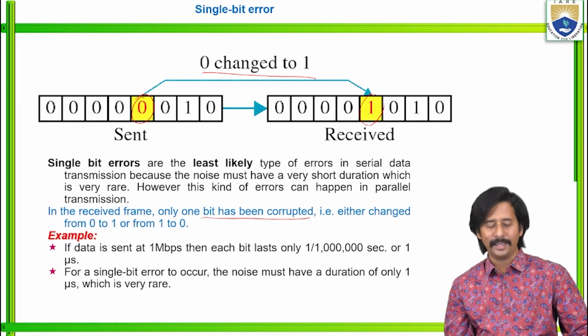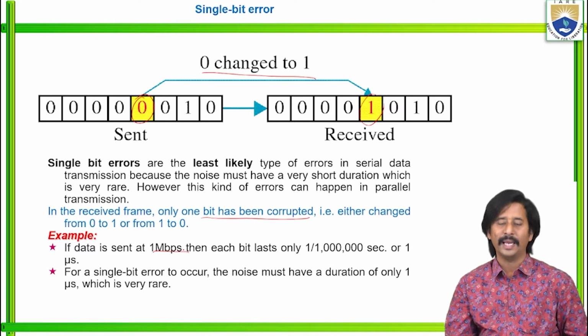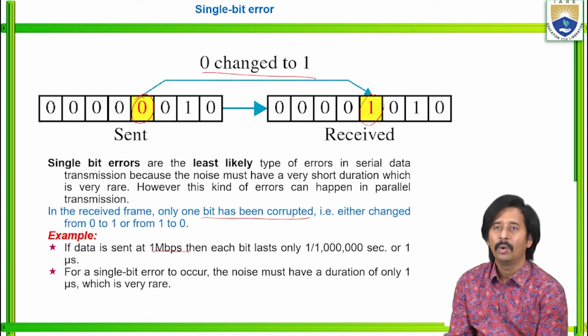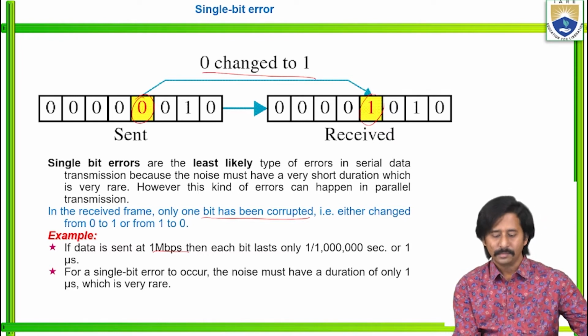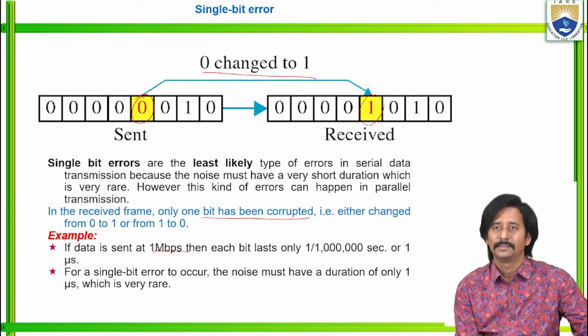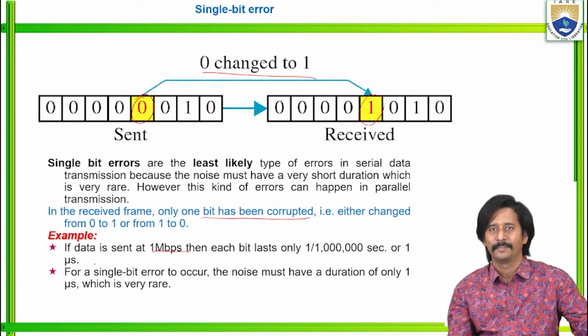Let us take one example here. If data is sent at 1 Mbps, then each and every bit lasts only 1 by 10 lakh seconds, or 1 microsecond.